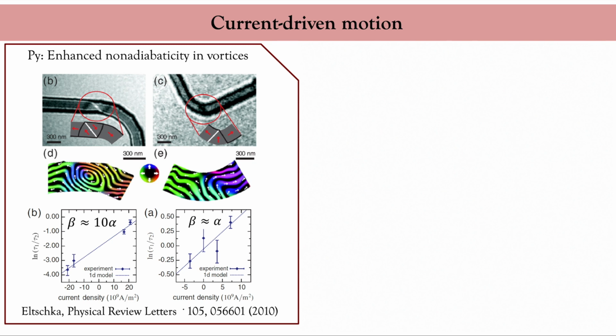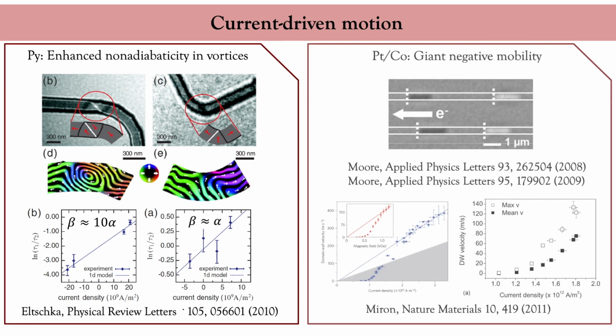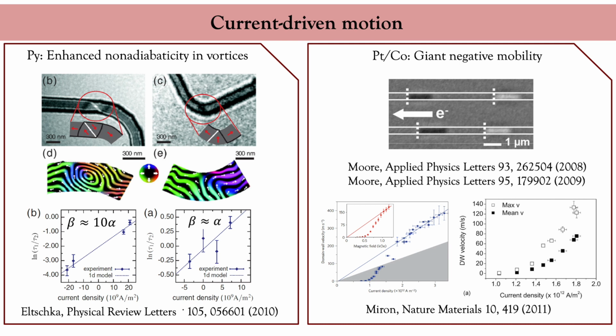The second puzzle was almost unnoticed at the time of its discovery. It concerns the motion of perpendicular domain walls in systems with inversion symmetry breaking, such as platinum, cobalt, and alumina. In these systems, the authors reported gigantic mobility, and because at that time everything was interpreted in terms of adiabatic and non-adiabatic torques, it was attributed to a giant non-adiabatic parameter.